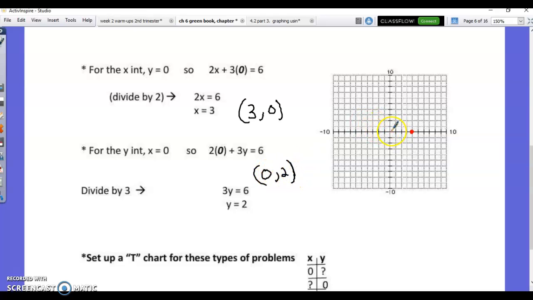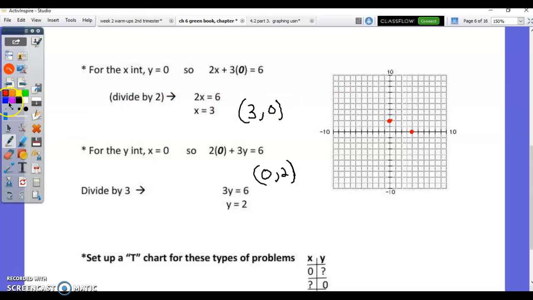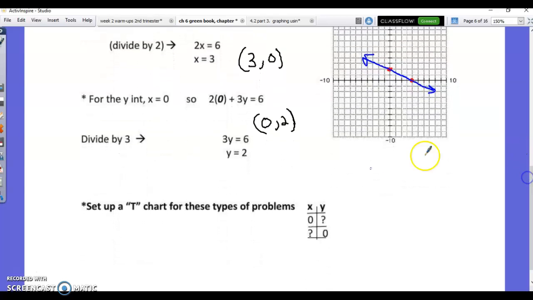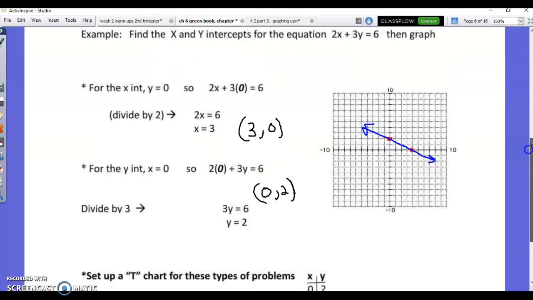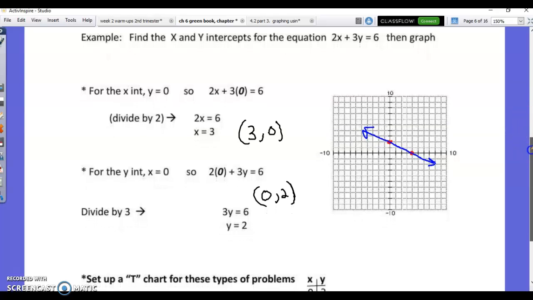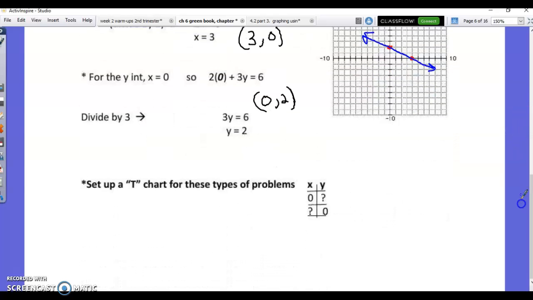So we don't go left or right, we go up 2, we put the dot there, and then we can draw that line through those 2 points. And that's how you graph given the x and the y intercept. So one way to do it is to set up a t-chart like this. Maybe it's easy to set up the t-chart with this information in there, but we can show our work in the next 2 examples.